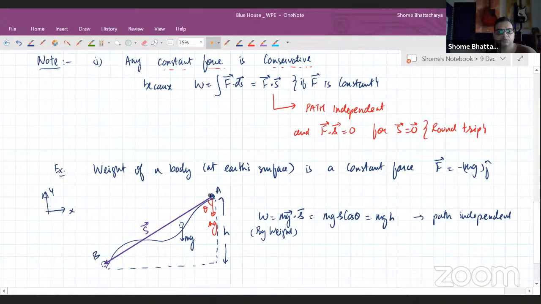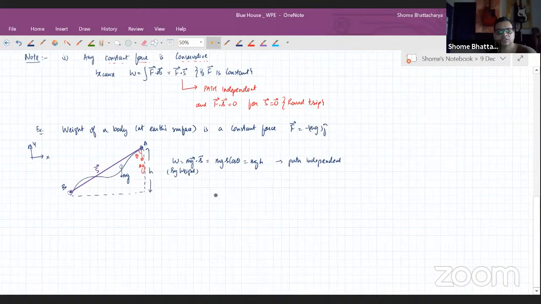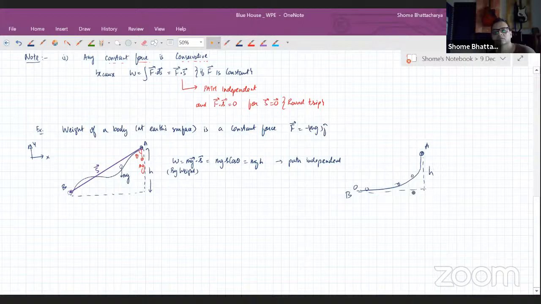If I had taken it from A to B via some other path, even then the work done would have been the same. It only depends on initial position and final position. The same body now, instead of this path from A to B, suppose I had taken it by some other path like this, even then the work done would have been the same, as long as the displacement is the same from initial to final position.